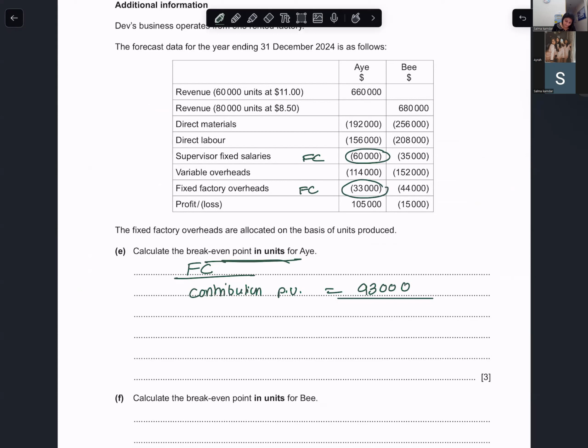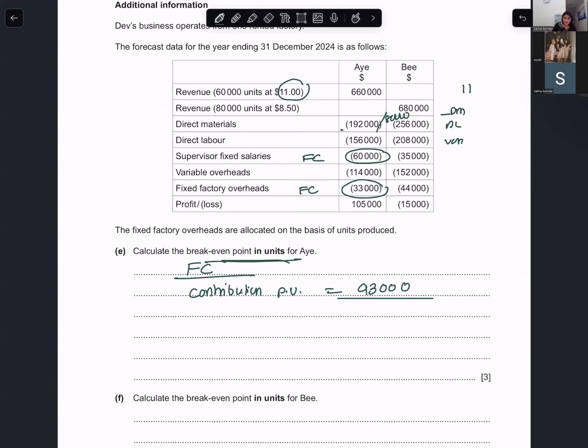I found the selling price and then I minus direct material, direct labor and variable overheads and then divided by units. How did you get direct material? Direct material 192,000 divided by 80,000.